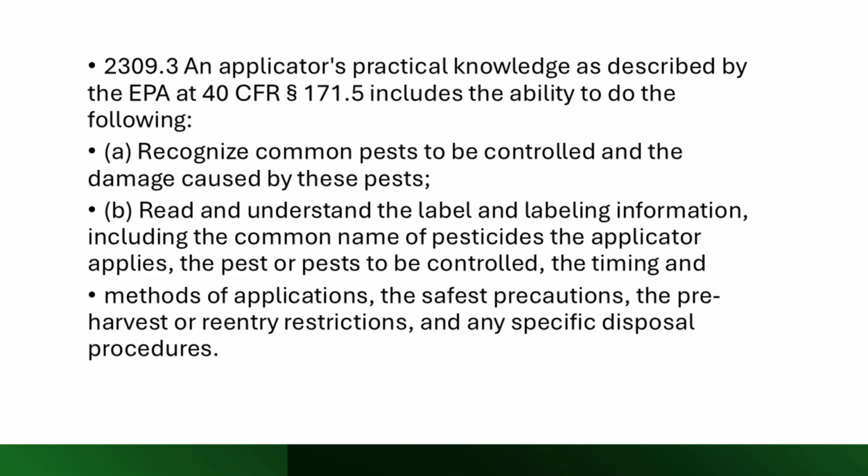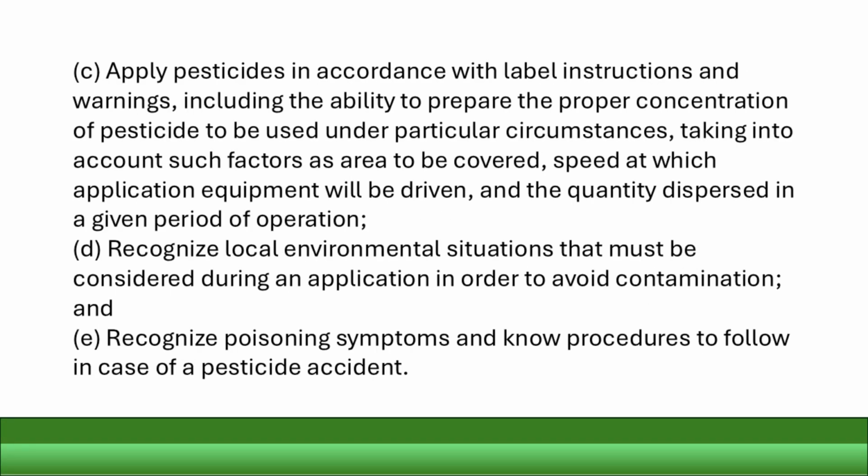B. Read and understand the label and labeling information, including the common name of pesticides the applicator applies, the pest or pests to be controlled, the timing and methods of applications, the safest precautions, the pre-harvest or re-entry restrictions, and any specific disposal procedures.